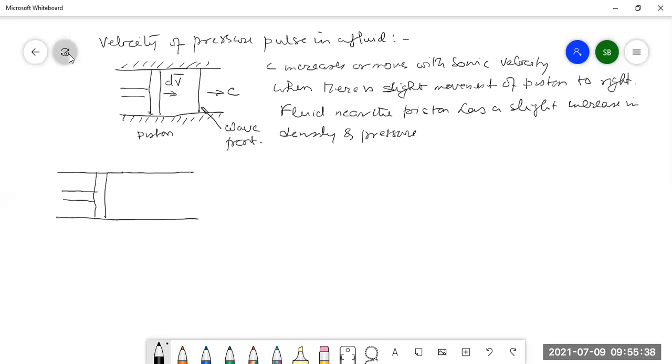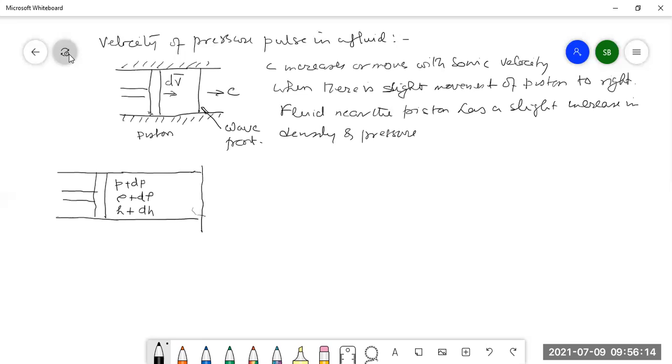P plus dP, rho plus delta rho, and H plus delta H. Due to the slight movement of the piston on the left to the right, pressure will increase by dP, density increases by d rho, and enthalpy content or energy content will increase by delta H itself. And now what happens if we have an observer?